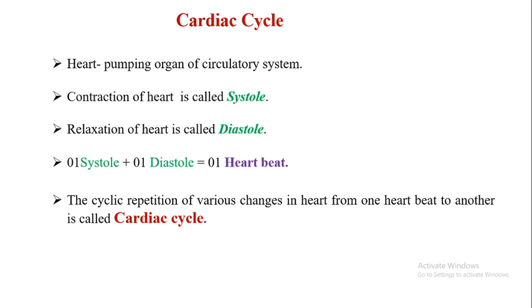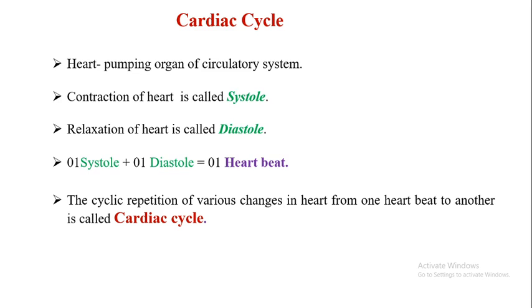So whatever changes occur in the chambers or in the wall of the heart, all those changes are repeated in a cyclic pattern during every heartbeat. That repetition of sequence is called cardiac cycle. Since it is a cyclic repetition, it is called cardiac cycle.